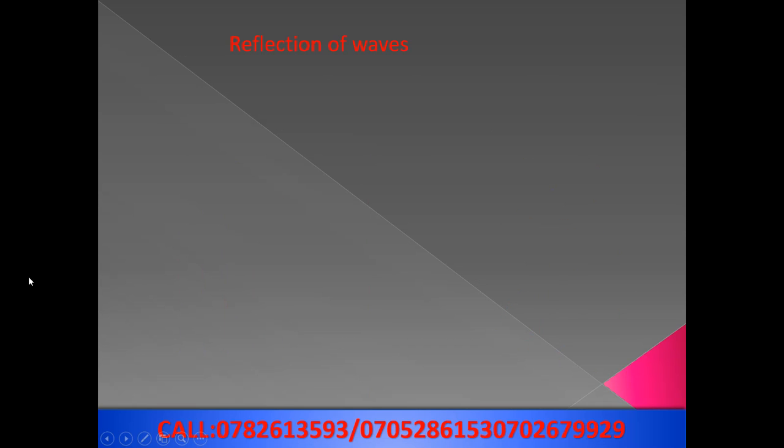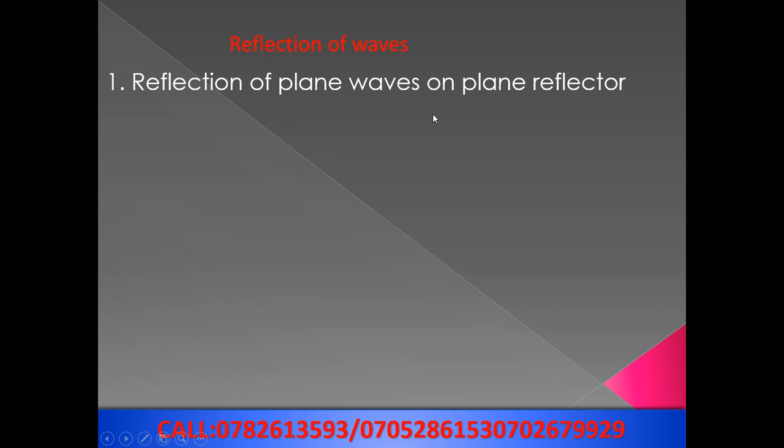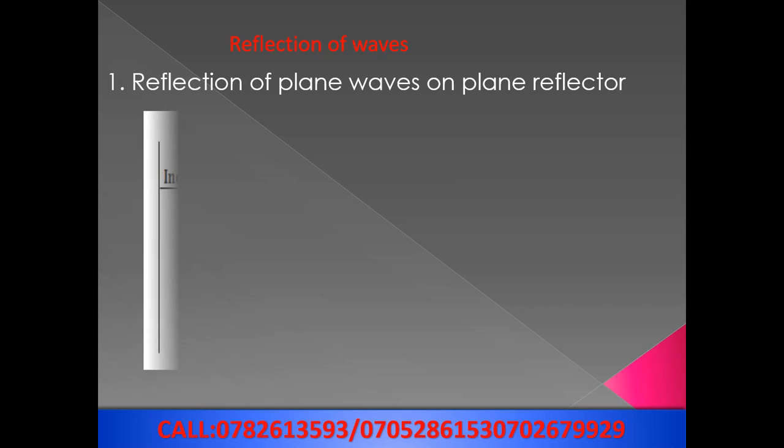Okay, so having understood the types, the shapes of waves, circular and plane waves, we can now look at reflection as the first property to study. Reflection of plane waves on a plane reflector. We shall look at how the plane waves we have seen above are reflected by a plane reflector.